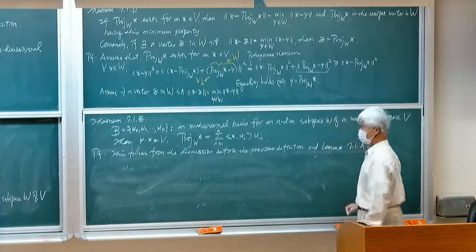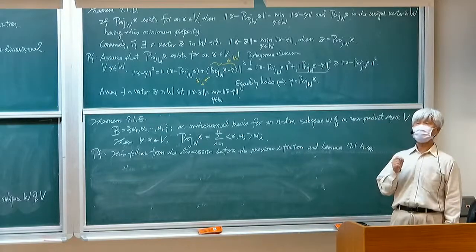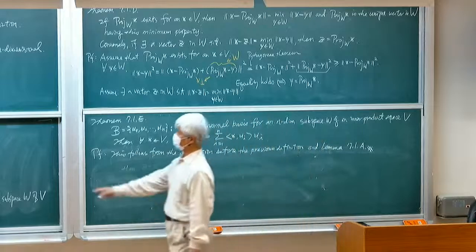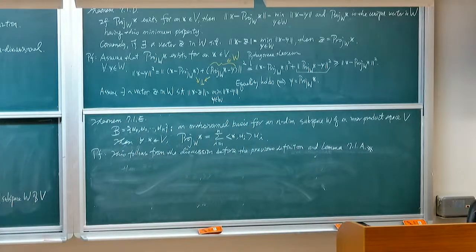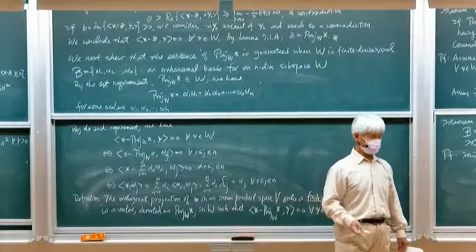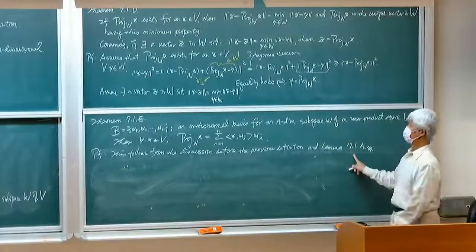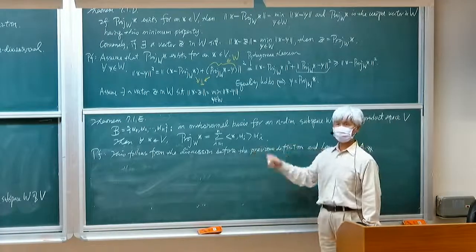In the discussion we found the coefficient of alpha i. So we have existence, and the lemma gives us the uniqueness. So this is the only one we have.